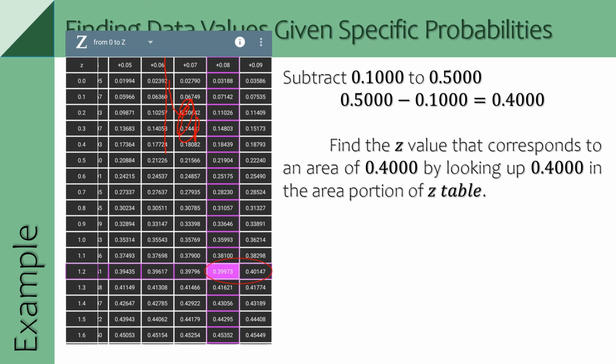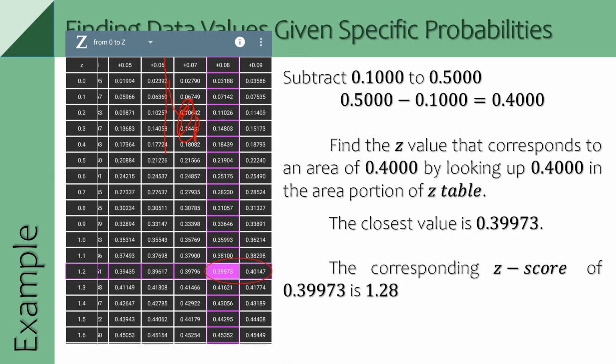Okay, but between these two, the one closer is this 0.39973. So the closest value to 0.4 is 0.39973.